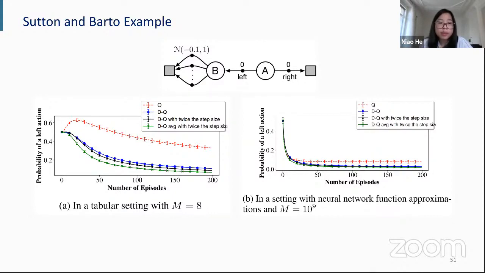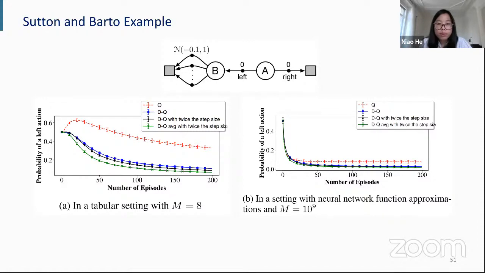And here is again the figure where we consider both double Q-learning with twice the step size and double Q-learning with the average estimator, right? Both of them converge better than the Q-learning algorithm. The first, left figure is in the tabular setting. If you consider the same example, but use neural network function approximation instead, which is oftentimes what people use in practice, then you will see that there's no overestimation bias phenomenon anymore.